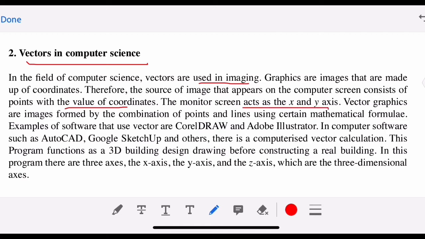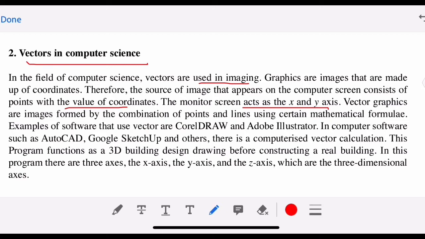In computer software such as AutoCAD, Google Sketch, and others, there is a computerized vector calculation.